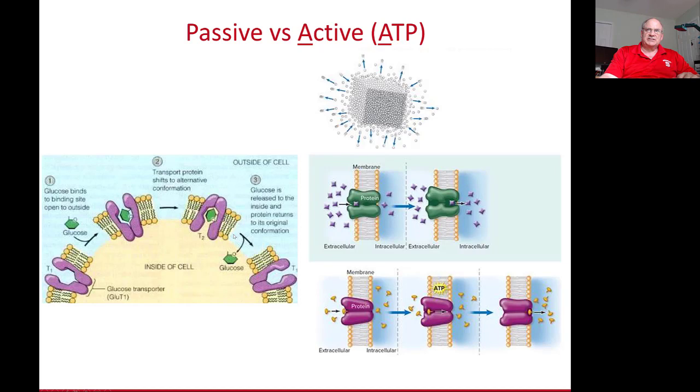And then because the charge of the glucose is now removed from that pocket, it now snaps back to its original position. It's very clever. This is how we facilitate very specific things across the membrane, like glucose.